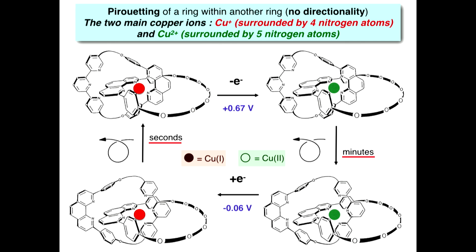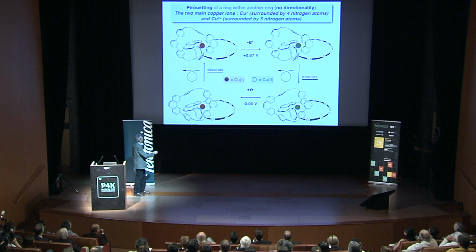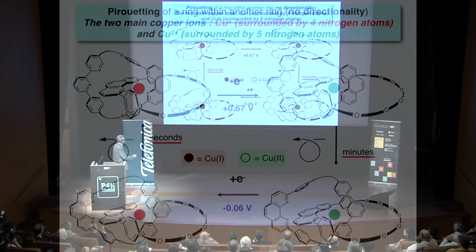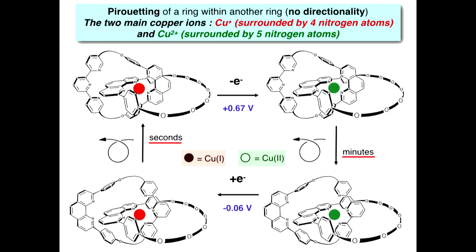The fragment which was here originally with 3 nitrogen atoms will move, kick out this fragment, which only contains 2 nitrogen atoms. And at the end of the motion, you will generate a copper 2+ species, which is very stable because it contains 5 nitrogen atoms.